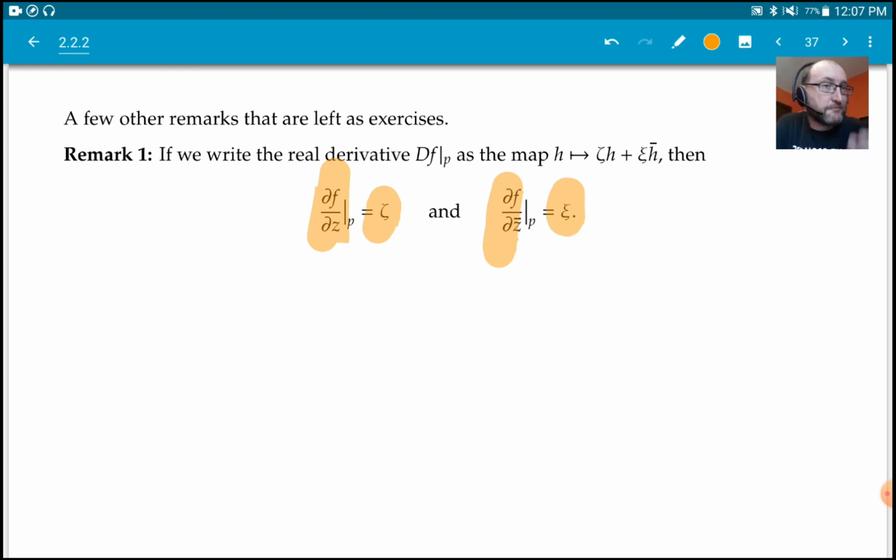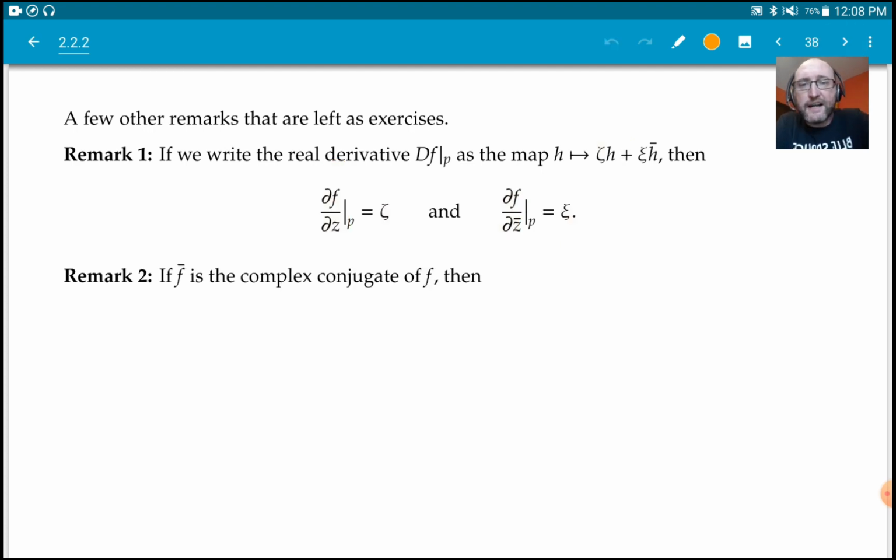And if you remember from the section on Cauchy-Riemann equations, a function was holomorphic if and only if the derivative looked like this, meaning that xi was 0. That's precisely what we're saying.